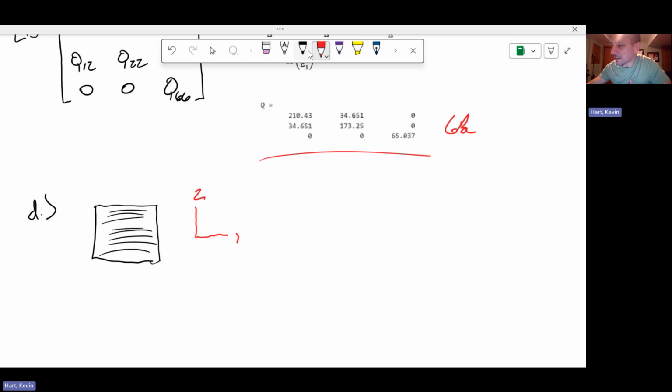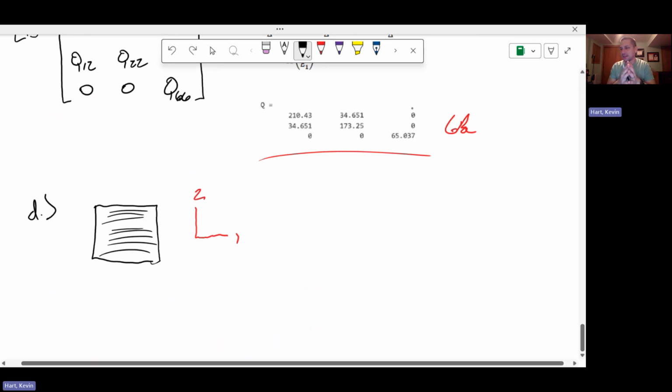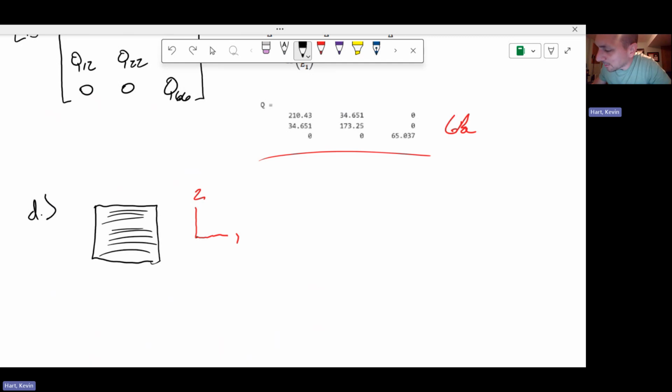So what the problem is asking you for is, we know the stiffness matrix in the 1, 2 coordinate system. This is it right here. We want a stiffness matrix now, not in the 1, 2 coordinate system, but in a rotated coordinate system, rotated 30 degrees from this, and we're going to call that the XY coordinate system. So we need a new stiffness matrix in the XY coordinate system where this has been rotated 30 degrees from nominal.